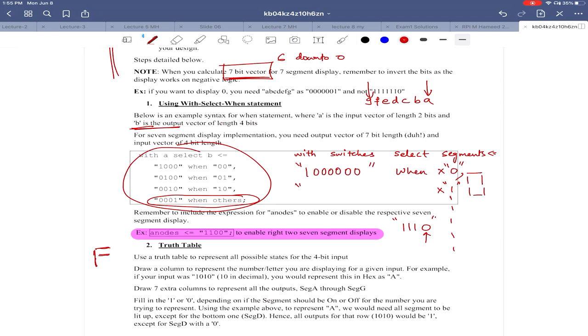For F, you would need A, B, C, E, F, and G. The last one would be this, I will just write it over here. G is on, F is also on, E is also on, D is off, C is off, B is off, A is on. Oh, sorry. Right. When others.